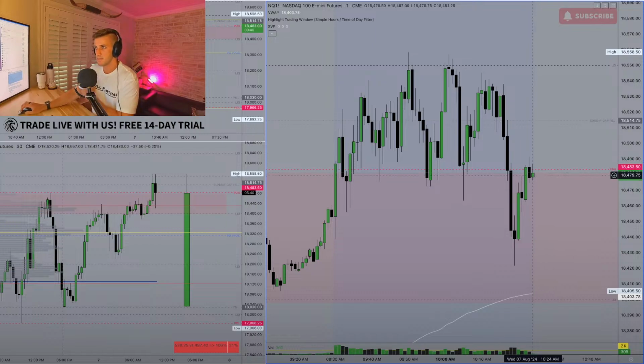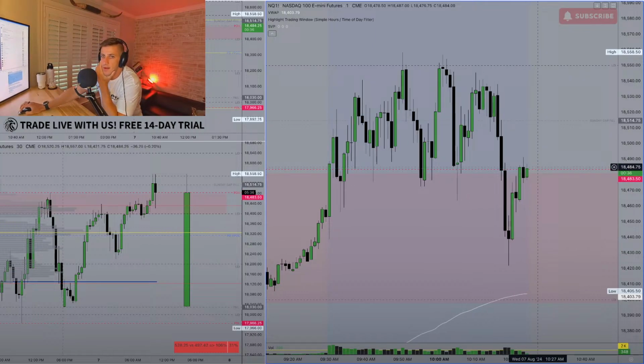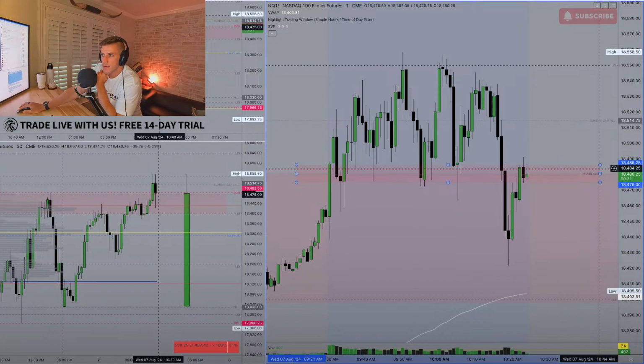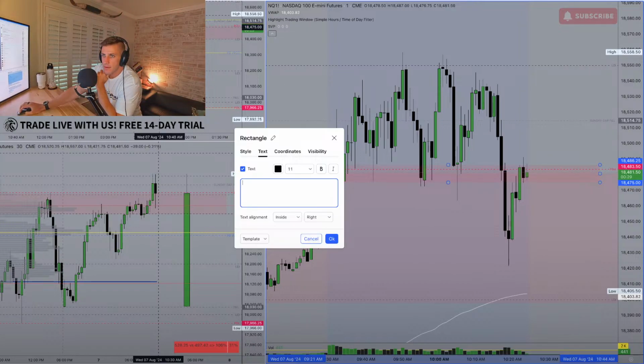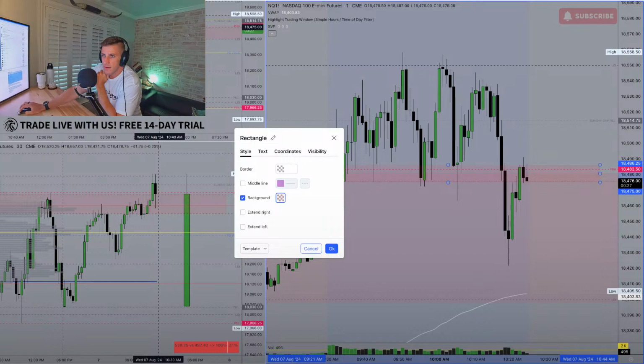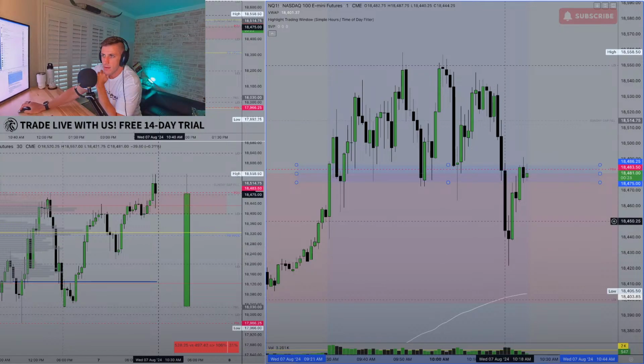Buyers need this push up through the 483, 485 area. Prior intraday support. Right through there. Bounce, bounce, bounce, bounce. And then is this going to be a rejection?